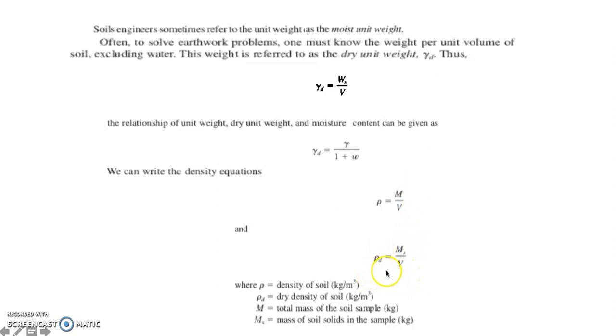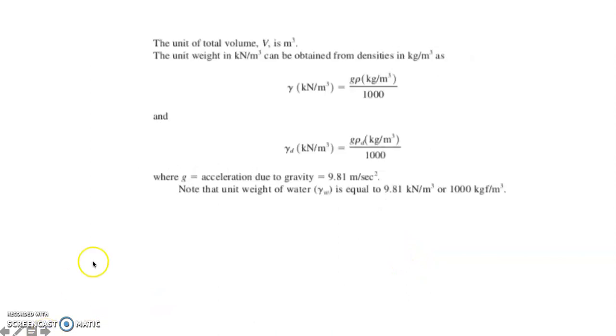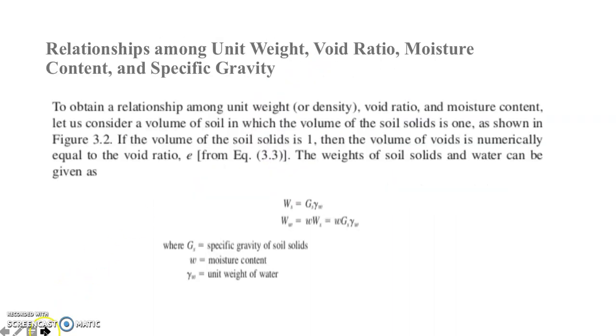Dry density is equal to mass of the solid over our total volume. So we also have some relationships for our unit weight, or the moist unit weight, and of course our dry unit weight. These are some of the relationships commonly used for engineering problems.